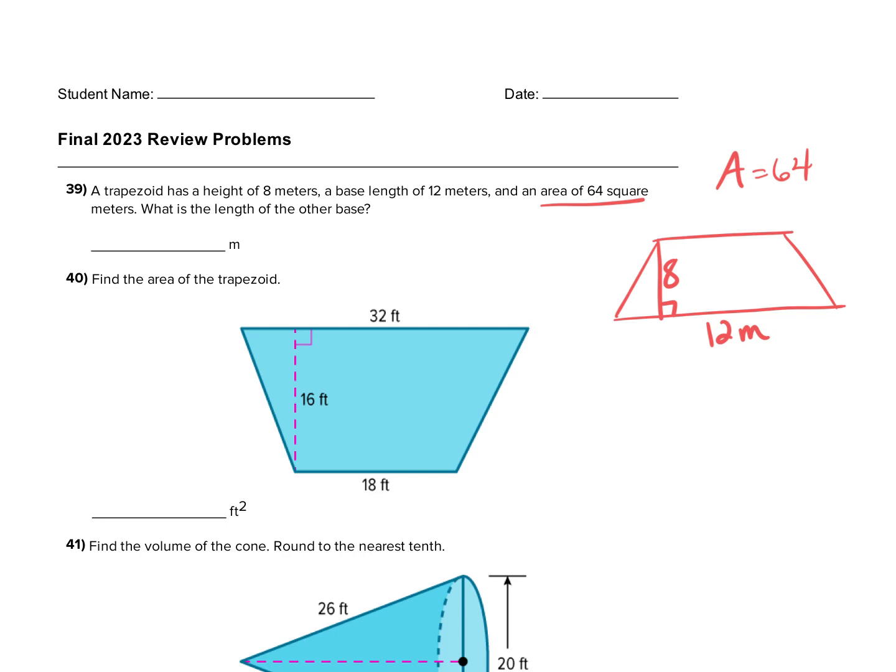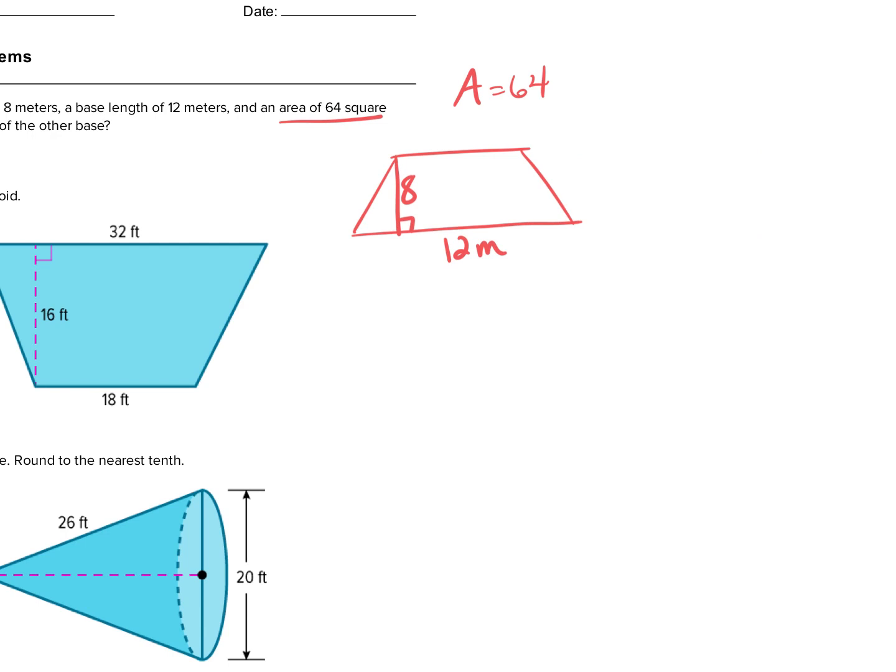Okay, so to find the area of a trapezoid, that formula is 1/2 B1 plus B2 times the height.